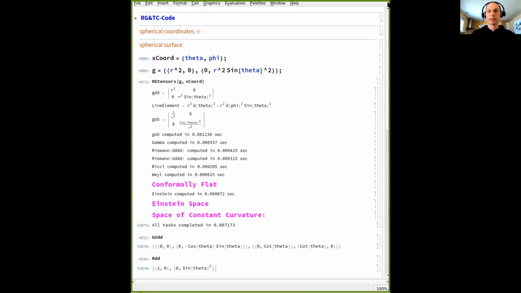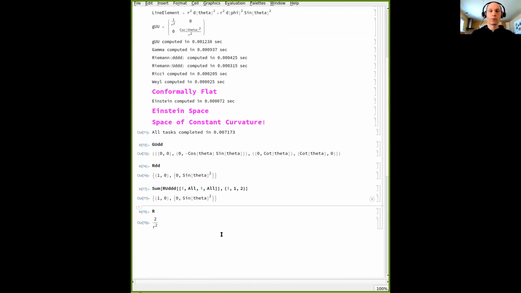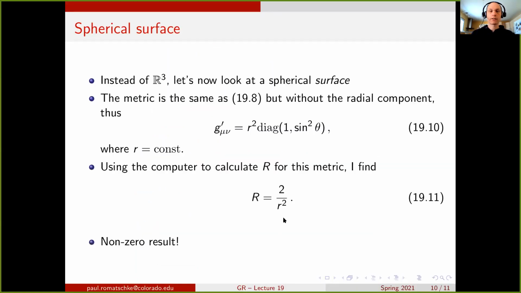So this method that I used to calculate the Ricci scalar by hand in the previous example gives the same result for the case of the spherical surface. Okay, so going back to the slides of the lecture, we find that the Ricci scalar for the spherical surface is non-vanishing. It's given by 2 over r squared.